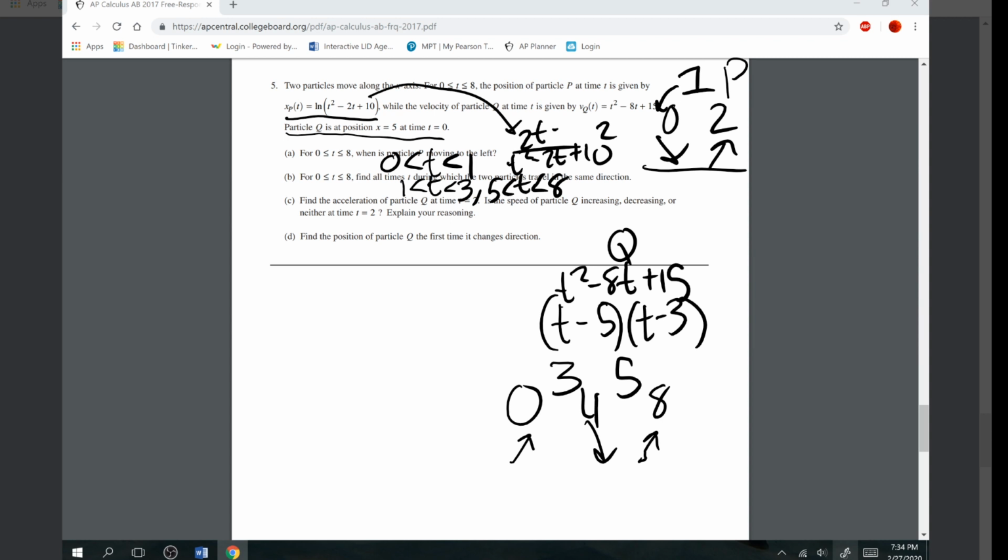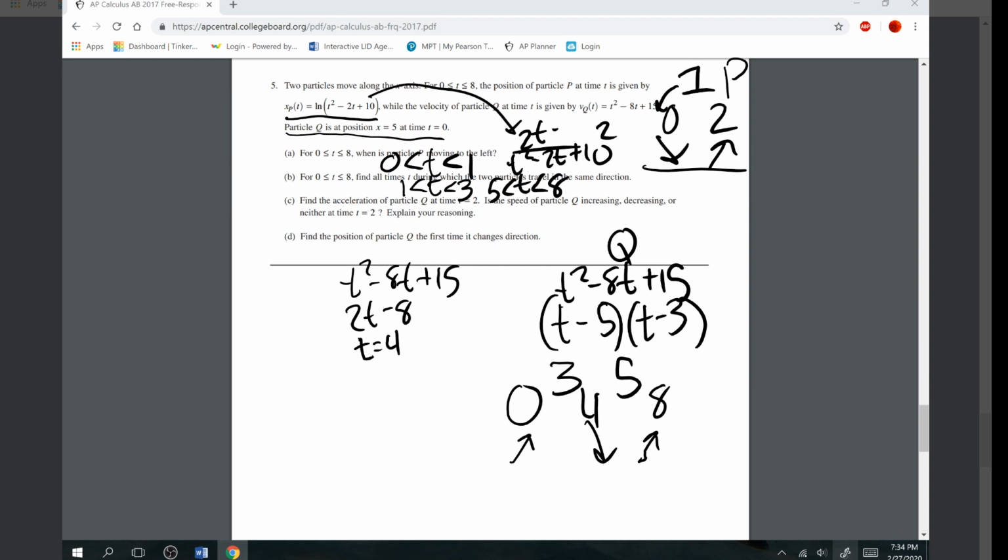It says find the acceleration of particle Q at time t equals 2. So all I'd have to do in this is, acceleration is the derivative of velocity. They gave me a velocity equation for Q, which was this thing, and you take the derivative of this. I'm going to solve for that possible inflection point, or the critical point of the velocity.